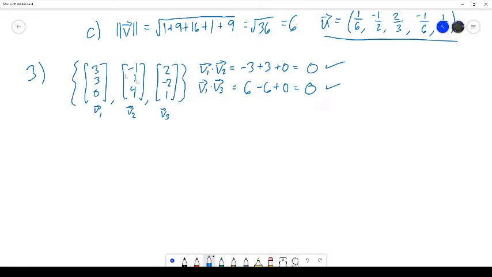So both of those pairs are orthogonal. The only pair we haven't checked is v2 with v3. And that's going to be -2, and then another -2, and then +4, which also comes out to be 0. So there we have 3 orthogonal vectors in a set, so this is an orthogonal set.